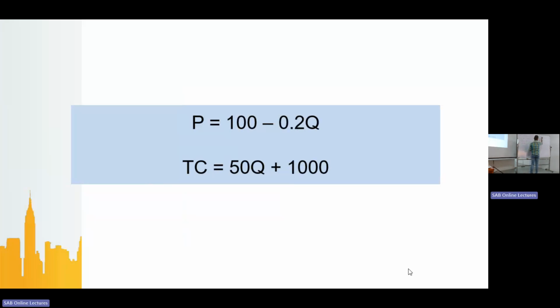TR equals 100Q minus 0.2Q squared. So this is the total revenue function.